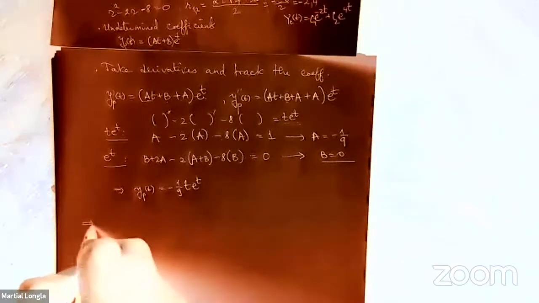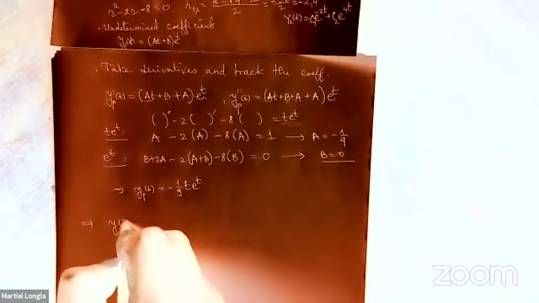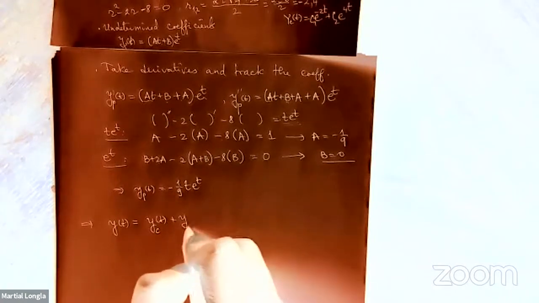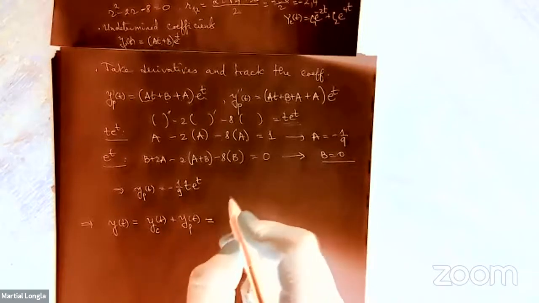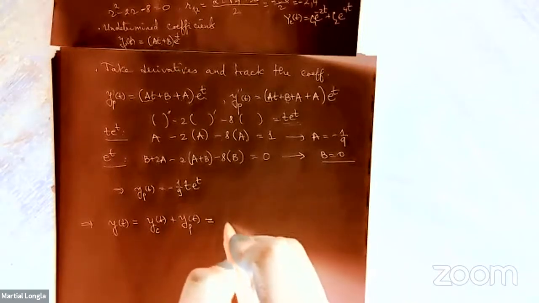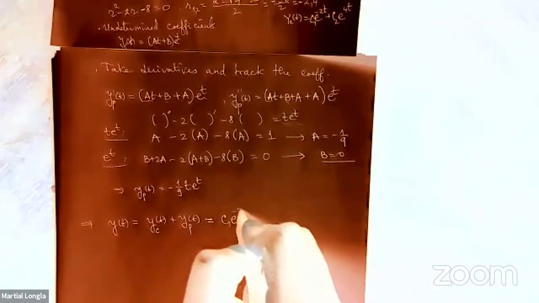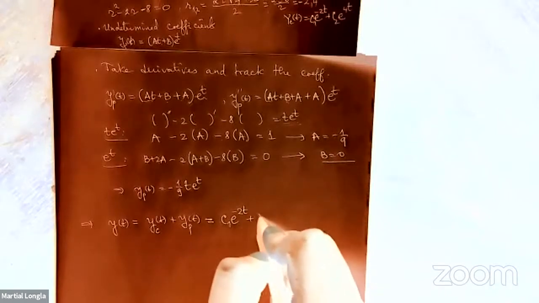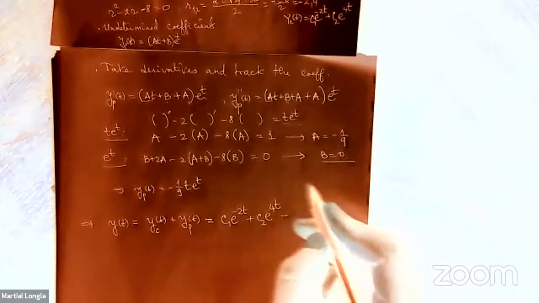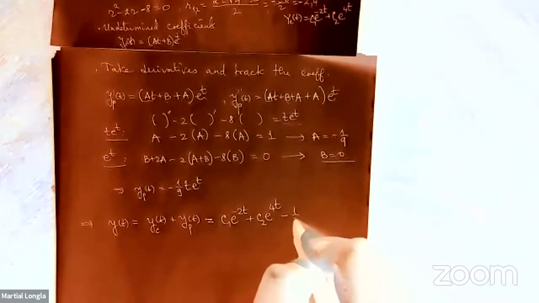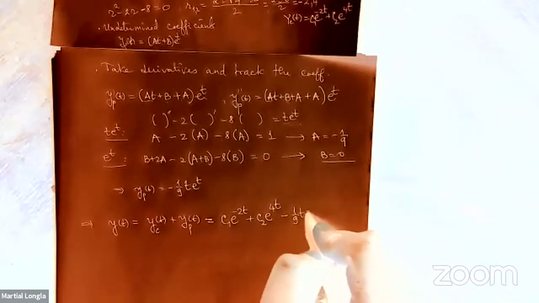And then you write down the answer. y of t equals yc of t plus yp of t, and yc was c1 e to the minus 2t plus c2 e to the 4t plus yp, minus 1/9 t e to the t.